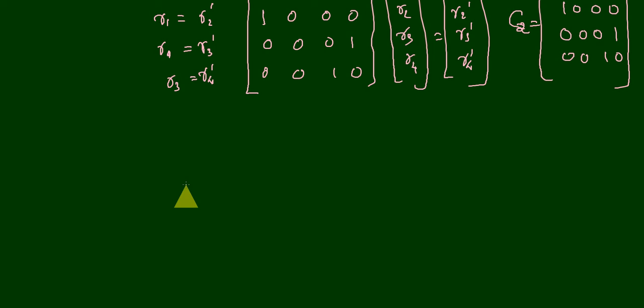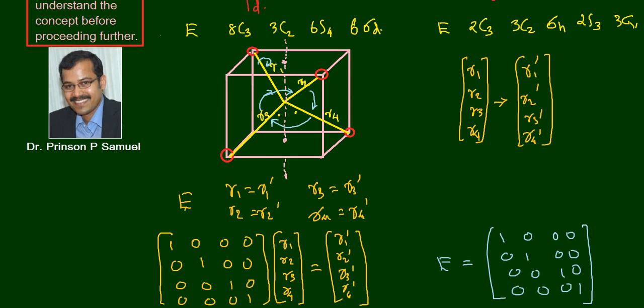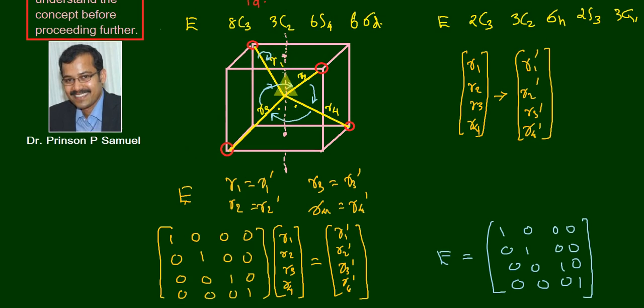The operations are different. So how will the S4 operations happen in this molecule? I already said that S4 and the C2 have the same axis. So we can consider the same axis that is considered here itself. That is the axis which is bisecting the angle between R1 and R2. That is the S4 axis also.